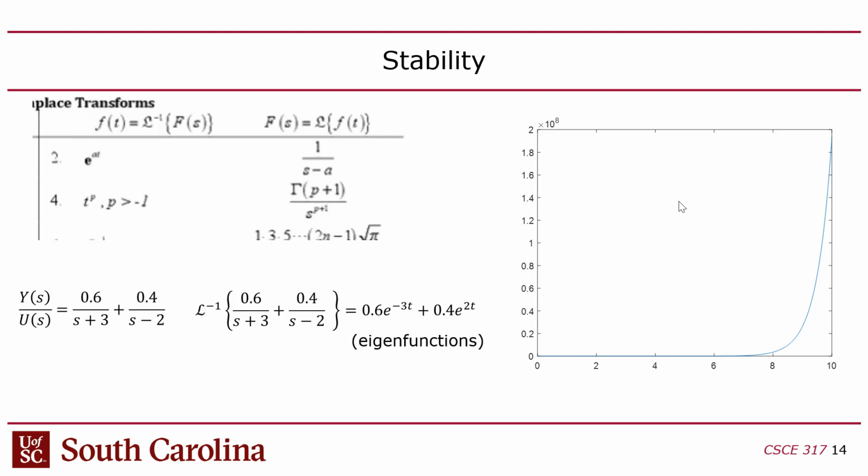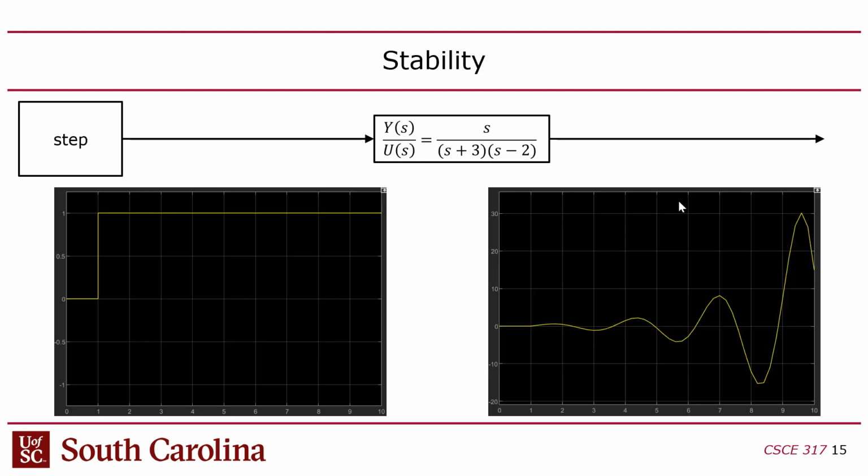So that represents the impulse response. Now, if I want to do the step response, there is a mathematical way to do it. However, instead of doing that, I'm going to take the easy way out and just simulate it.